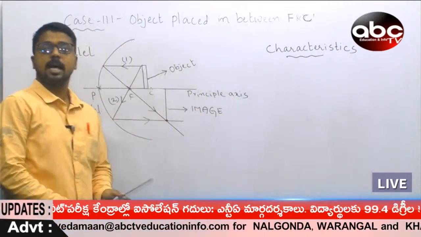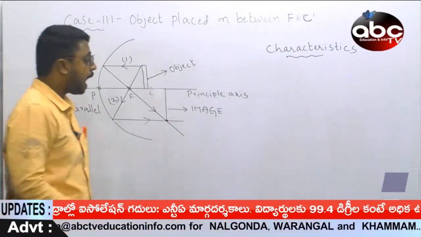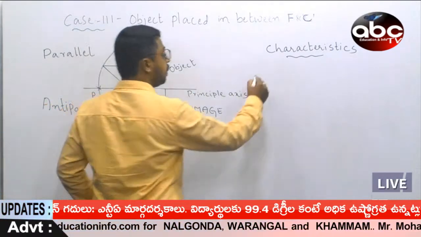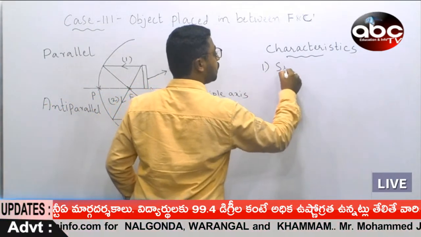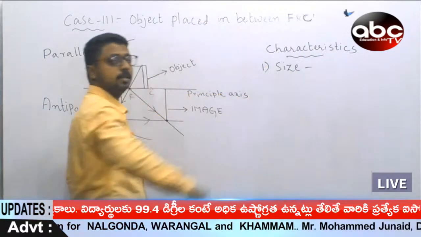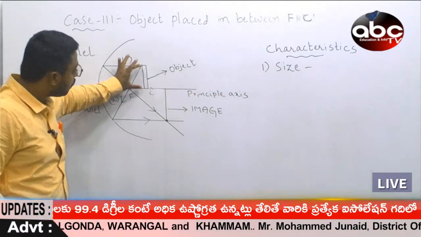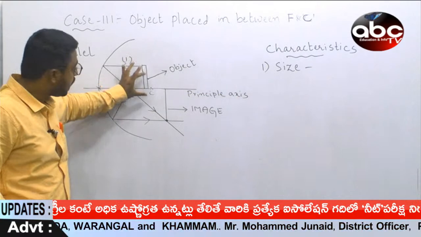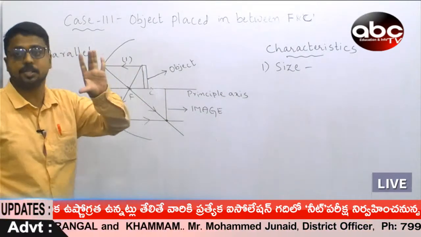Let us understand the characteristics, and of course I have already told you that point number one is nothing but discussing size. See here, the size of the object is this much, whereas the size of the image we obtained is this much.